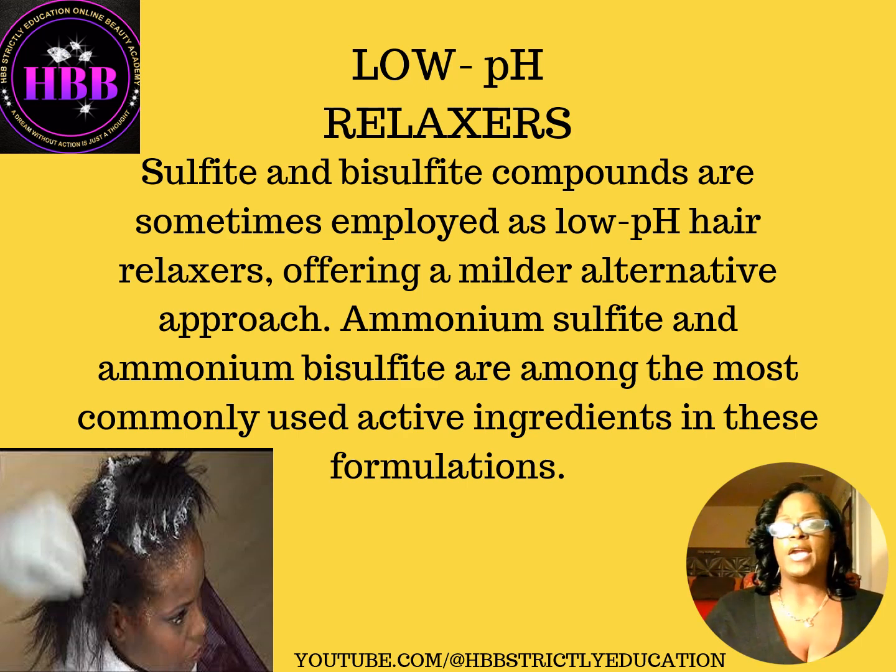A low pH relaxer runs around an 8 to a 9 on the pH scale, which is very low for a relaxer, because hydroxide relaxers run as high as a 13.5, right? So now the lower pH helps minimize the disruption of the hair's natural structure.